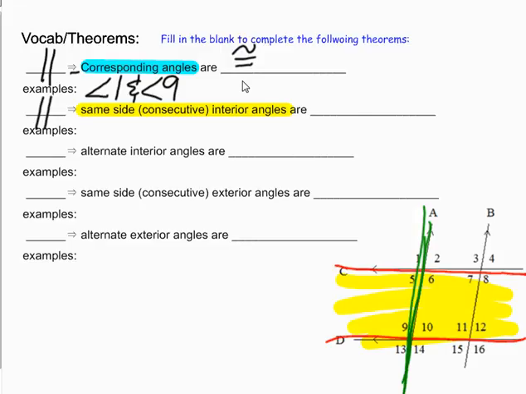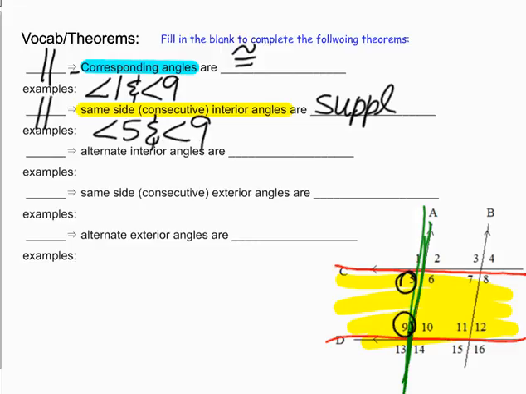So I see angle 5 and angle 9 are on the same side of the transversal, and they are between the parallel lines. So same side consecutive interior angles are supplementary. For an example, we've got angle 5 and angle 9.